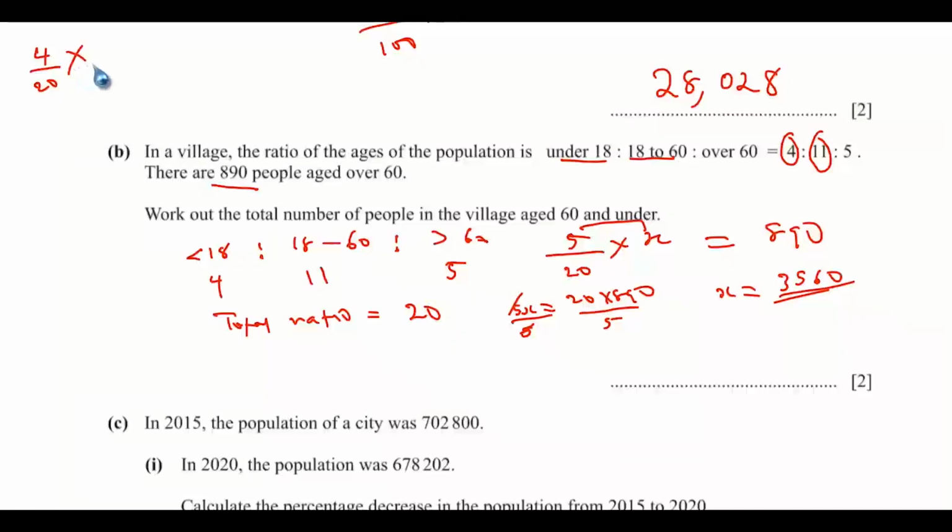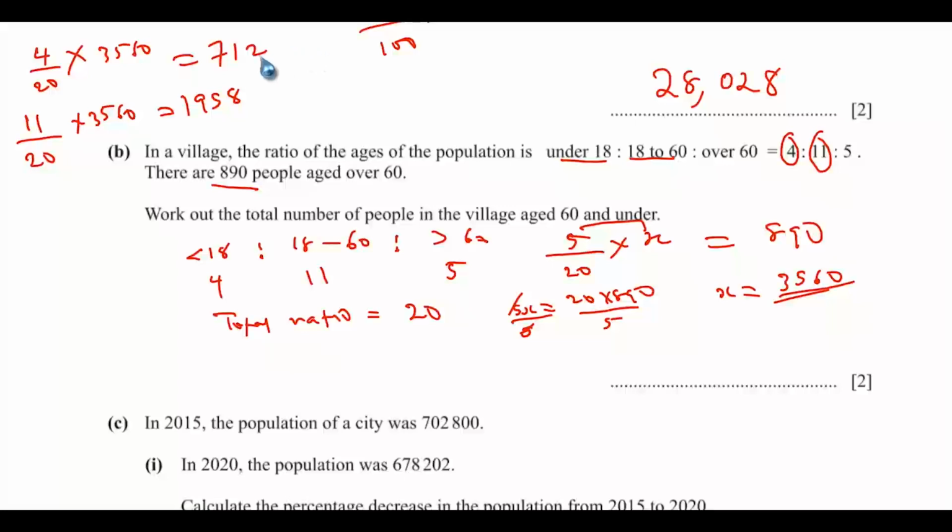by the total population, which is 3560. If you input this into your calculator, you should get 712. Then for those between 18 and 60, that is 11 over 20 multiplied by 3560. This will give you 1958.